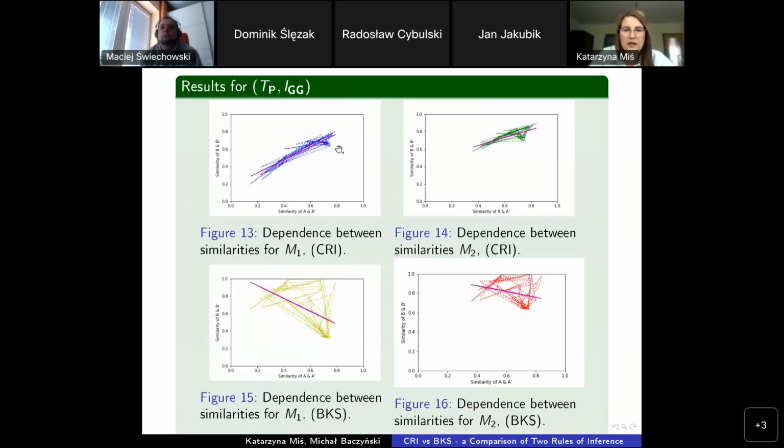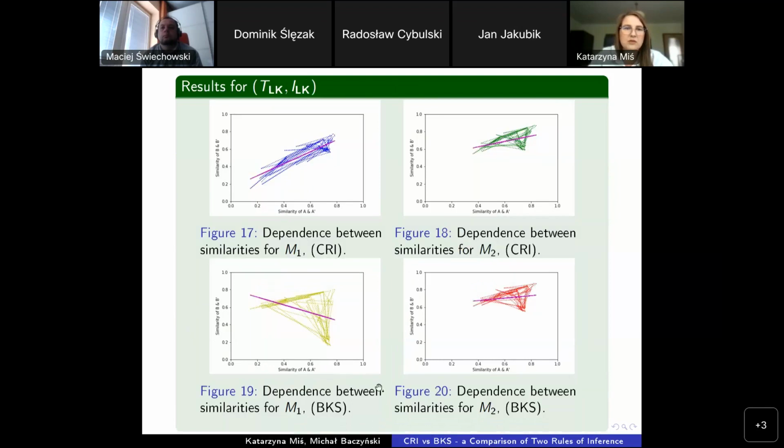So we again have this directly proportional dependence. However, for the Bandler-Kohout subproduct, again we might say something like inversely proportional behavior.